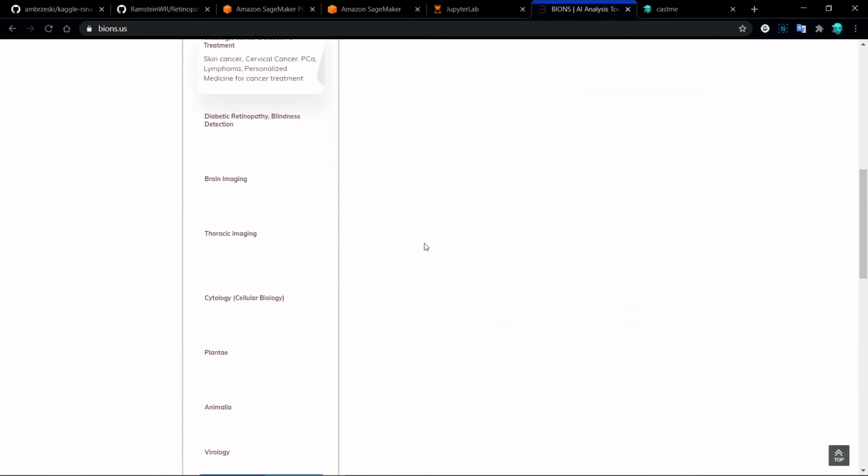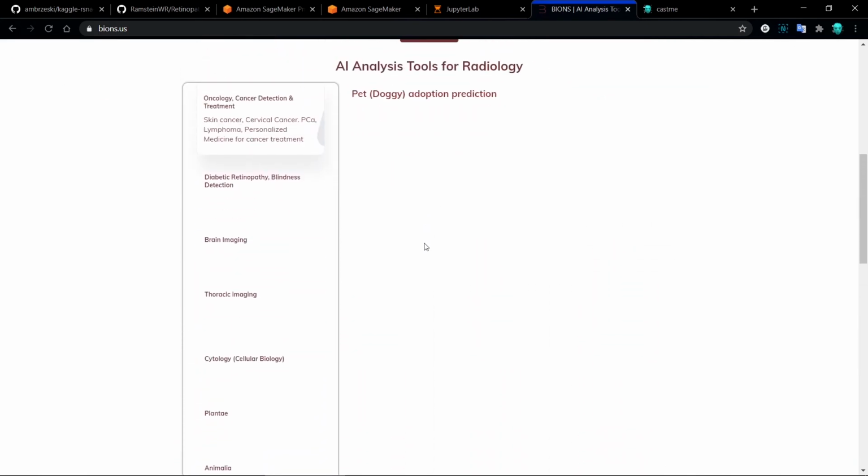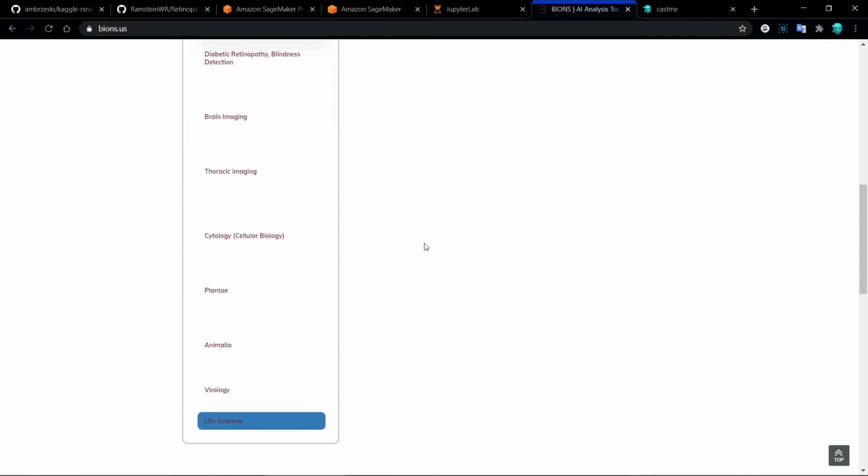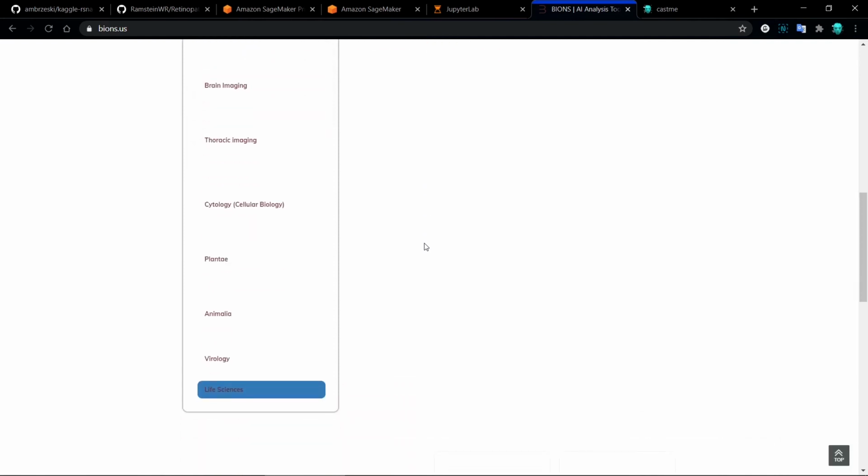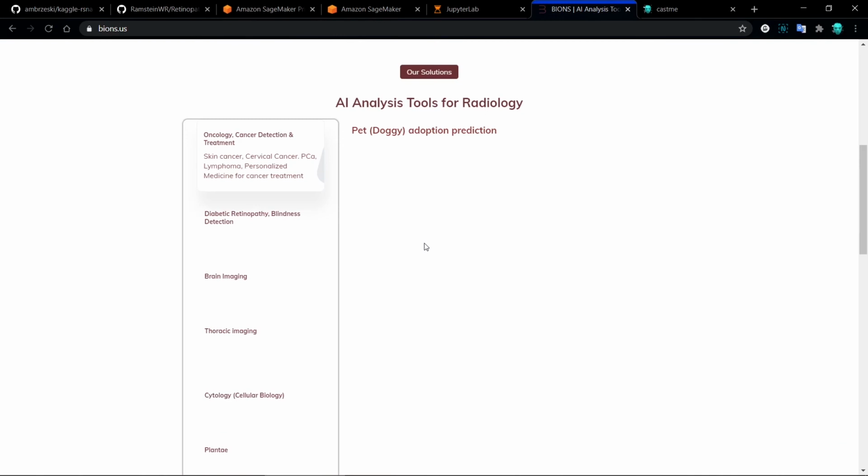So this is how many solutions we have, comprising all of these classes: oncology, diabetic retinopathy, brain imaging, thoracic imaging, cytology, plantae, animalia, virology, and actual life sciences. In life sciences, I have also added one more problem: children's assessment based on their mental activity, from the phone, actually from a game, to determine their cognitive capability.